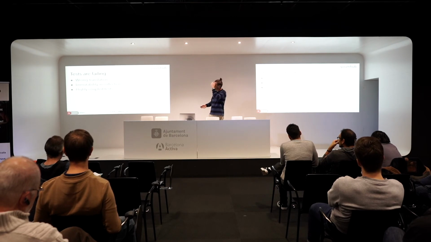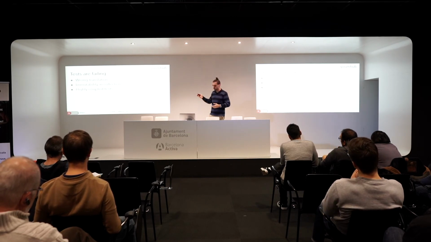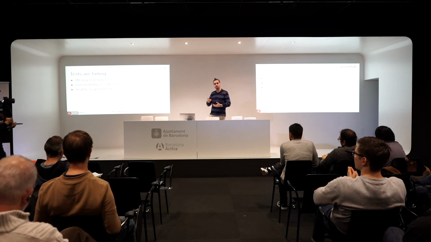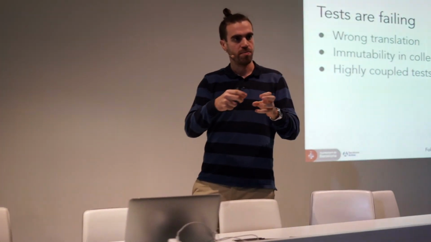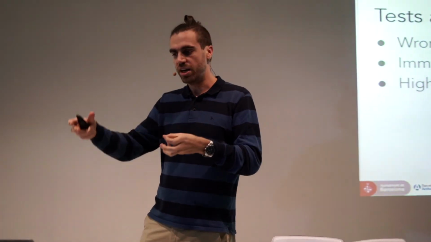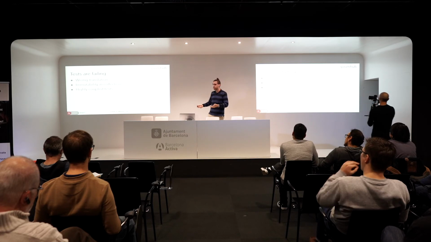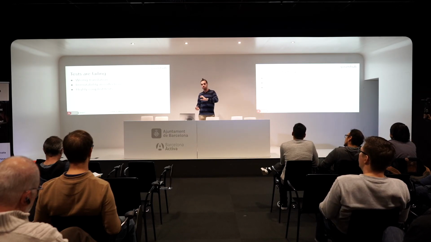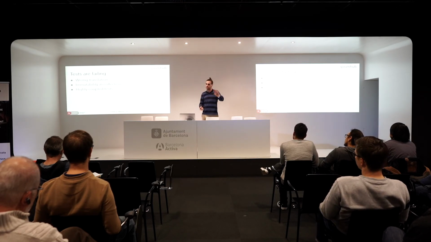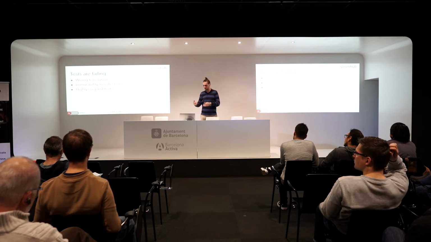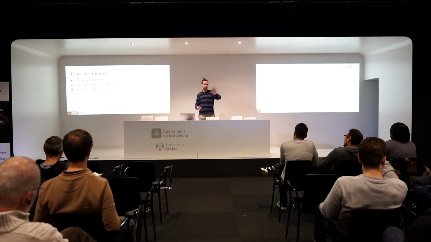So why might tests be failing? Maybe you have the wrong abstraction in your code, right? You're taking the wrong abstraction and the wrong metaphor in your code base. Maybe it's because immutability in collections works differently in Java and in Kotlin, and if you're actually modifying something in Java, when it gets translated to Kotlin, things don't work, because you should not be doing that in Java.